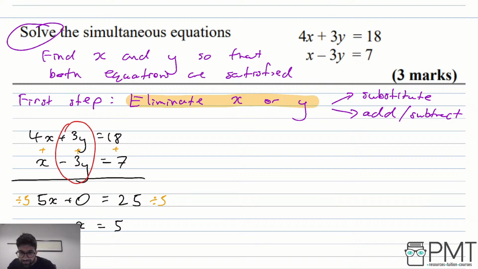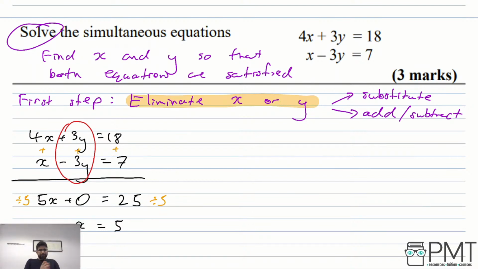Then what's the next step then? We have got x equals 5. Have I solved this equation? Is this the solution to the simultaneous equation? Because I found x. Is that what I'm looking for?